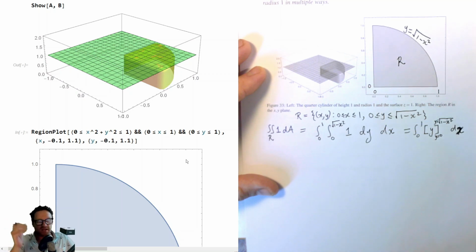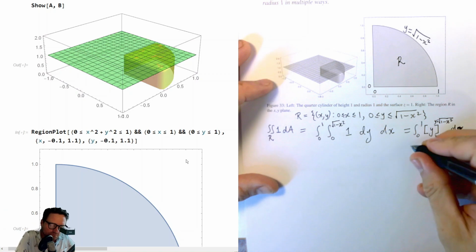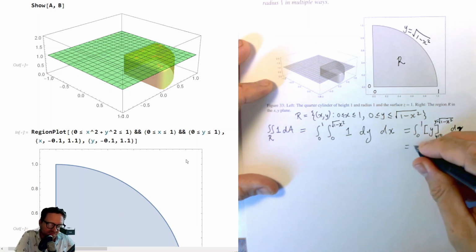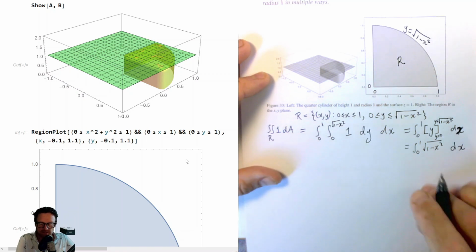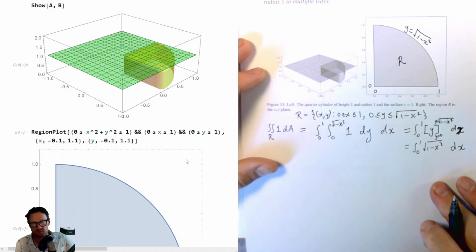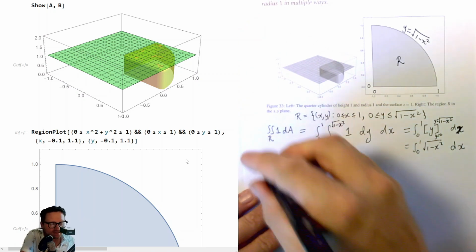So now we've got to sub it in, and take that difference. So we have an integral from 0 to 1 of the square root of 1 minus x squared minus 0 dx. Okay, so to finish this off, we need substitution.